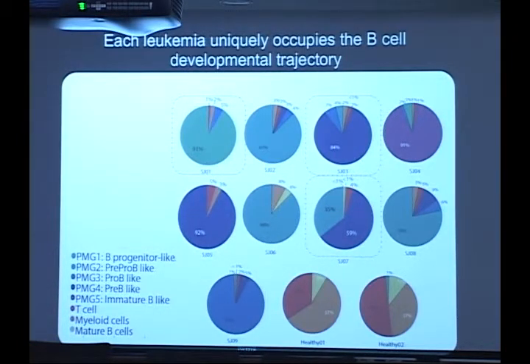Most of the patients have the majority of their cells in one particular silo. This patient was a little bit different, where they had bigger chunks of the leukemia spread across two different types of phenotype.